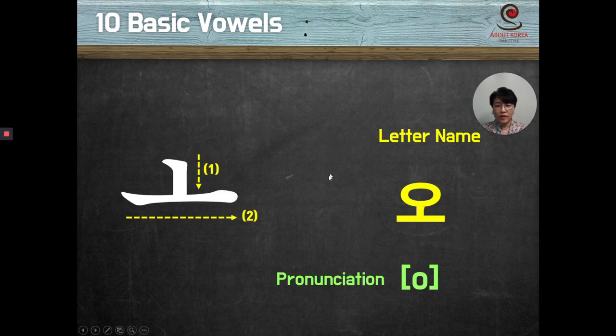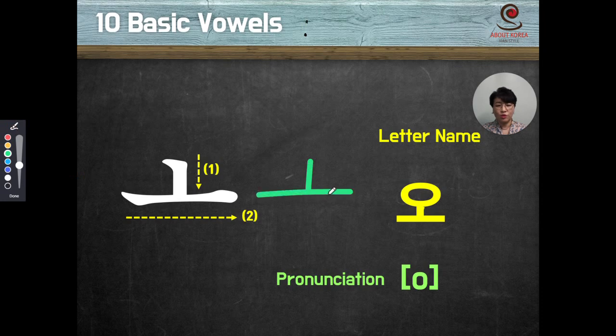This vowel is o, pronounced o. The stroke order is 1 and 2. The pronunciation is o. One more time. O. Okay, great.